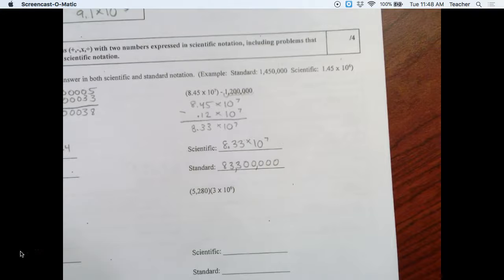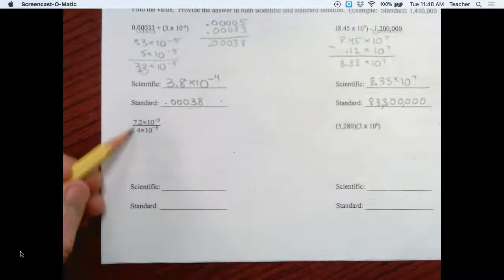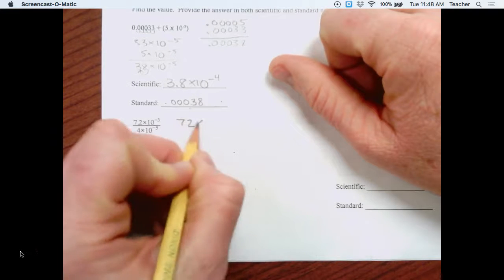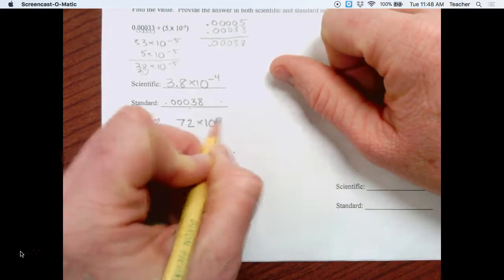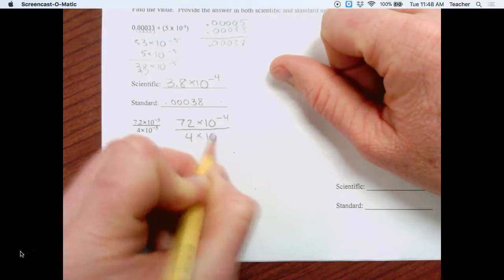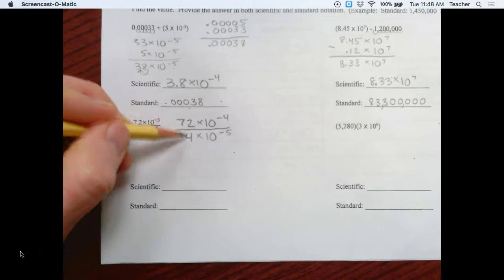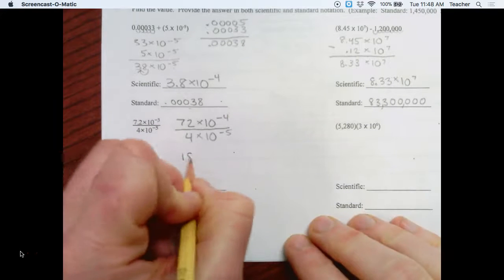7.2 is not divisible by 4, but 72 is. So I'm going to turn this into 72 times 10. If I make this bigger, I have to make that smaller. This is division. So 72 divided by 4 is 18.